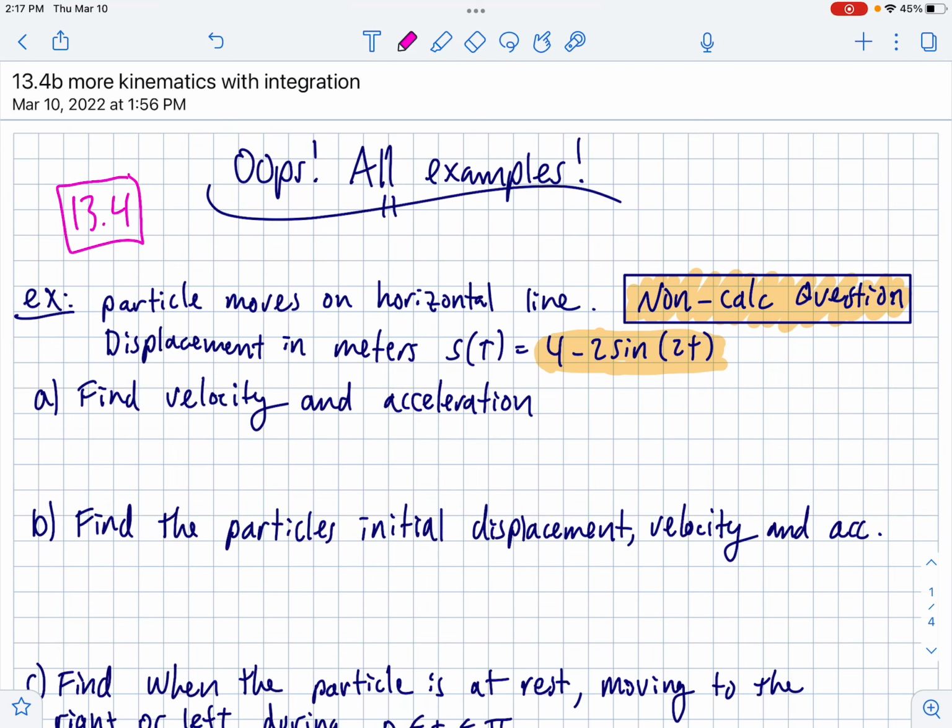So remember that velocity is the derivative of displacement. So, to take the derivative of this, it's a chain rule because there's an inside function. So that's the derivative of the outside. So the derivative of sine would be cosine, but then times the derivative.